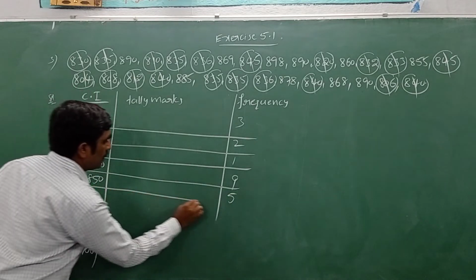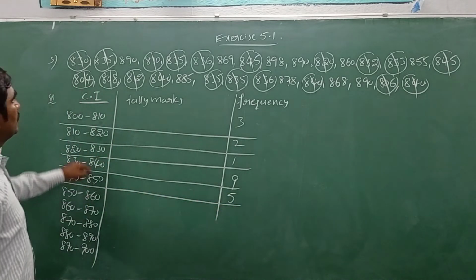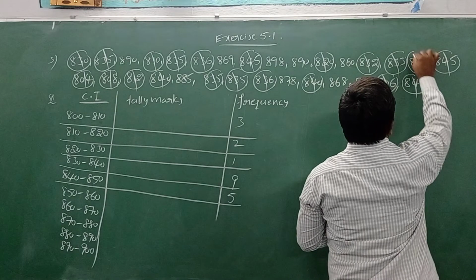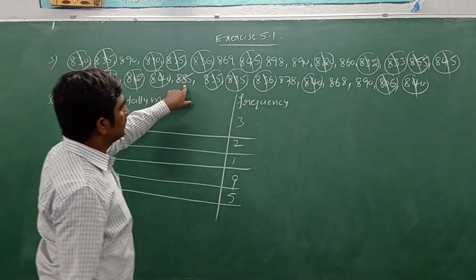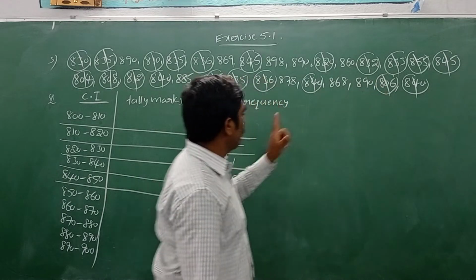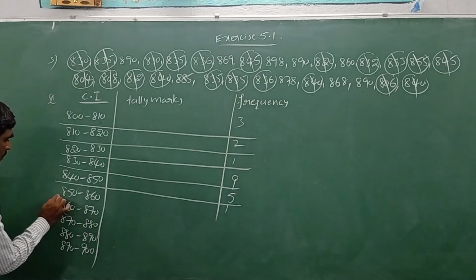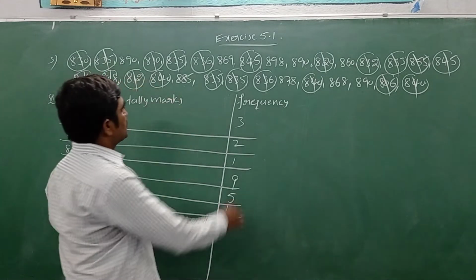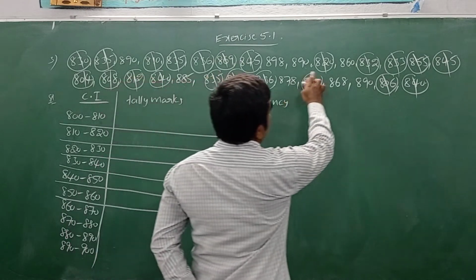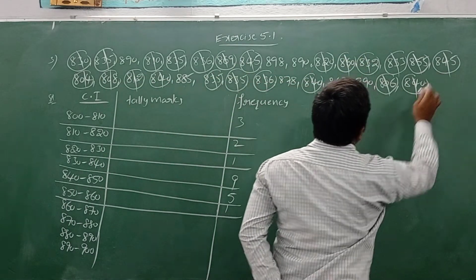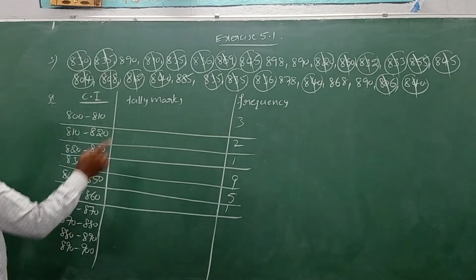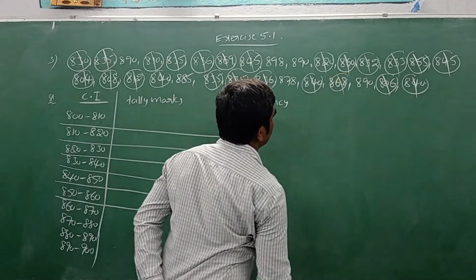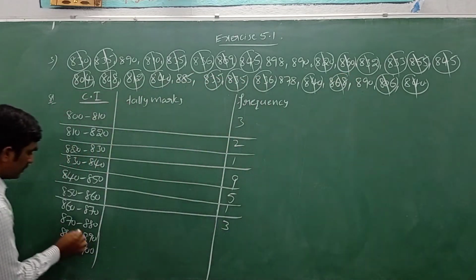Now let's take the next, 850 to 859. Only 1 observation is falling there. Now 860 to 869, sorry. 1, 2, 3. 3 observations are falling in this class interval.